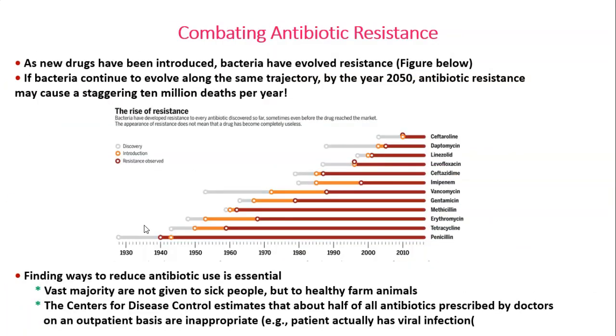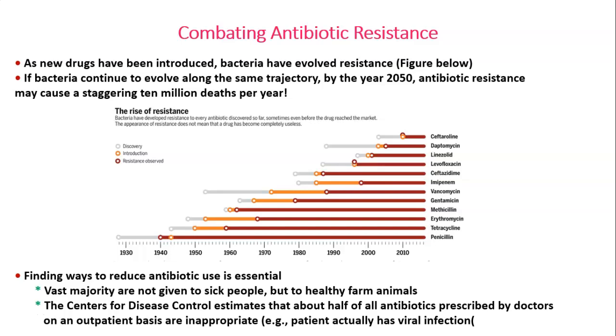So here we can see a timeline of different antibiotics that were introduced at different periods of time over the past almost 80 years. And it's really remarkable to see that as new drugs have been introduced, bacteria have inevitably evolved resistance.